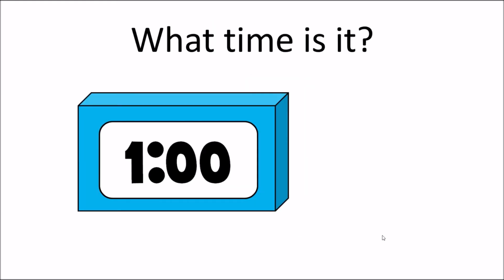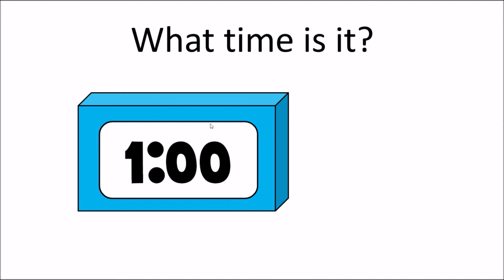Can you tell me what time is it? Now remember, when there are zeros here, no minutes have passed. It is still o'clock. And if you go around the clock and come back to the 12, 60 minutes have passed.